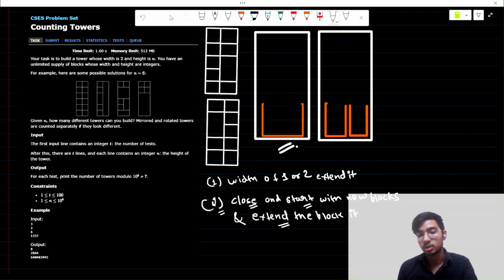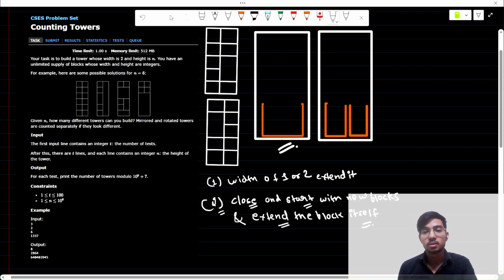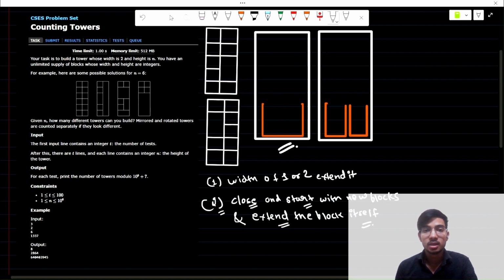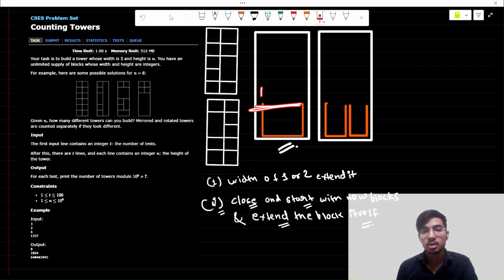For this, you can close it and start with a block of width 1, and close it, or start with a block of width 2, or you can extend it. These are the possibilities if you put a block of width 2.